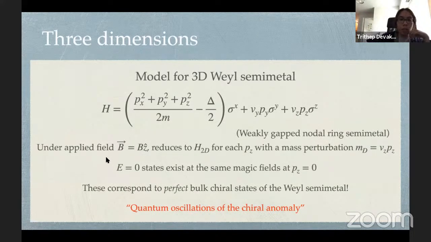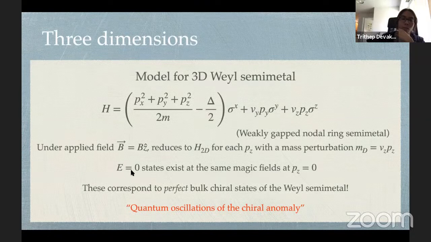In this particular model, if we just apply a field in the z direction, this just reduces to the 2D Hamiltonian for each pz. Pz is a good quantum number, except now you have a mass perturbation term here, which gaps it out. And you also have this pz squared term here, which just renormalizes your value of delta.